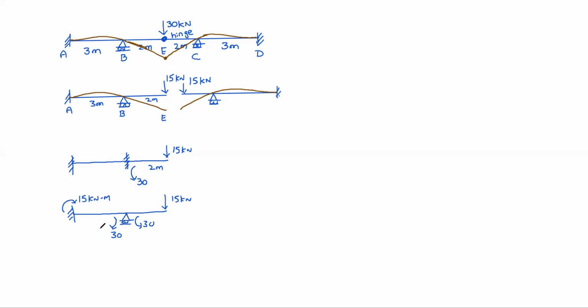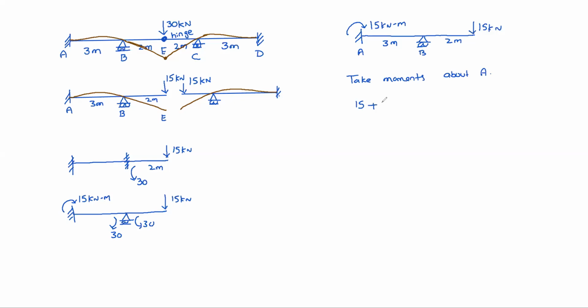Now, if you want to find reactions, you can find this internal support, 15 kilonewtons load here. Moment here is 15 kilonewton meter, 3 meter, 2 meter. A, B. Take moment about support A. So 15 clockwise plus 15 into 5 minus RB into 3 equal to 0.